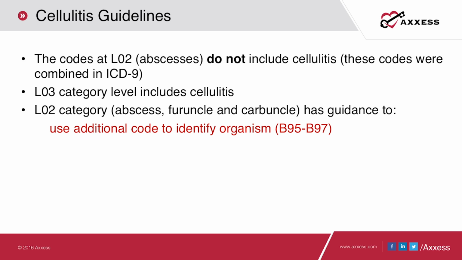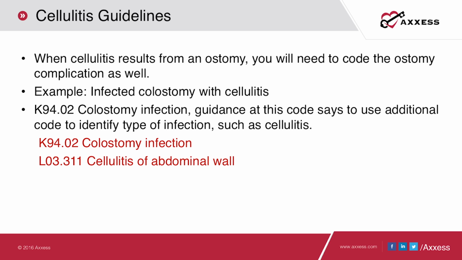Now, when you're coding an organism that is the cause of another problem, those codes will always come from B95, B96, or B97. And the guidance here that says use additional code to identify organism, they're always good to go ahead and tell you what that code might be. All right, so sometimes an ostomy is going to cause cellulitis, or there'll be cellulitis around the ostomy. When that's the case, you're going to need to code the ostomy complication as well. So for example, if you have documentation from the provider saying that the patient has an infected colostomy with cellulitis, you're going to code K94.02, the colostomy infection.